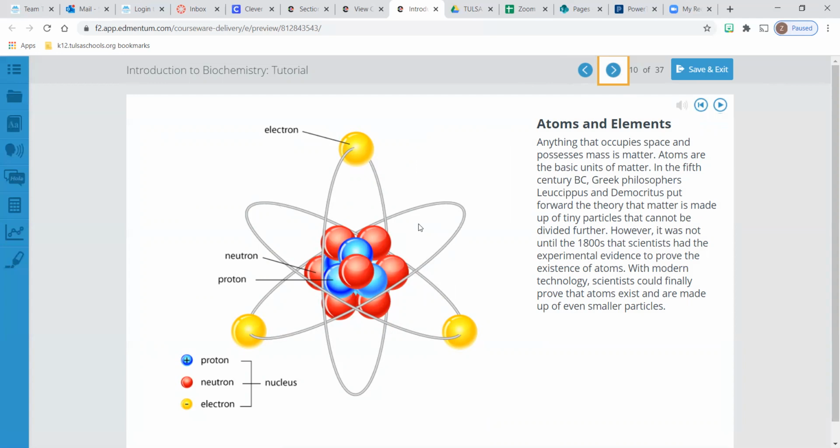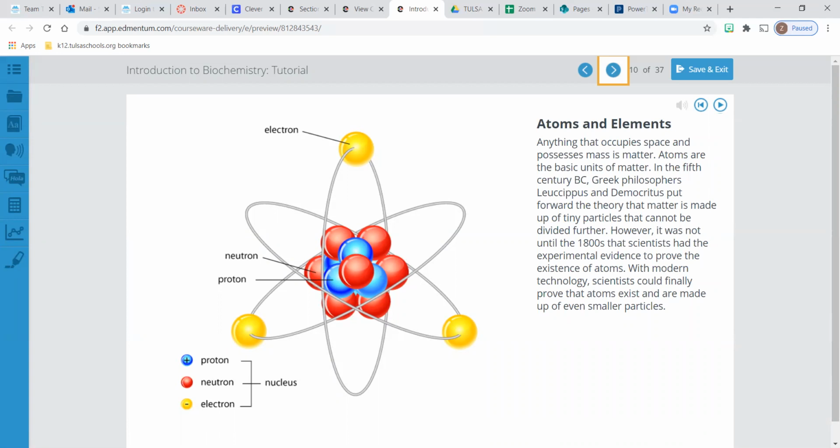This is not exactly how they really look, but this is a good visual picture for us to think about atoms and elements and describe neutrons, protons, and electrons, and how protons are positively charged and electrons are negatively charged, and how neutrons are neutral, as you might guess. Anything that occupies space and possesses mass is matter. And the most basic unit of matter: atoms.